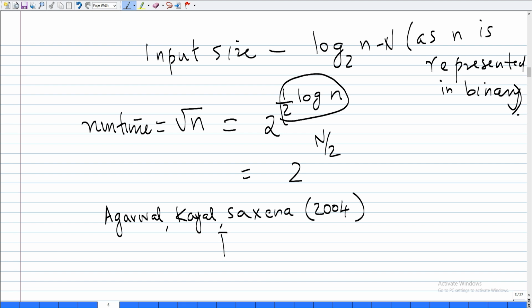And the paper is titled Primes is in P. That this problem, given a number, is it prime, has a polynomial time algorithm, and polynomial here means polynomial in log n, right? And so this uses interesting properties of number theory, algebra, analytic number theory, and so on. These two students were BTech students at that time.